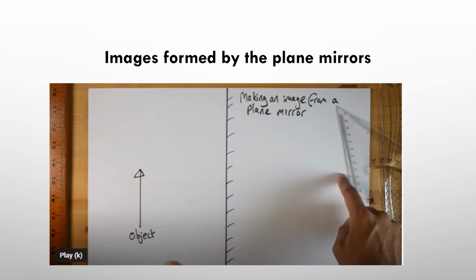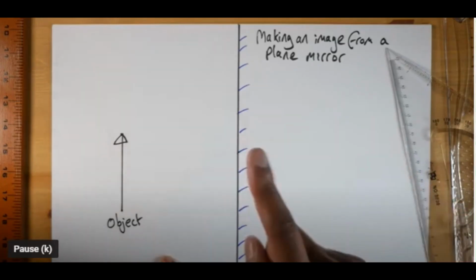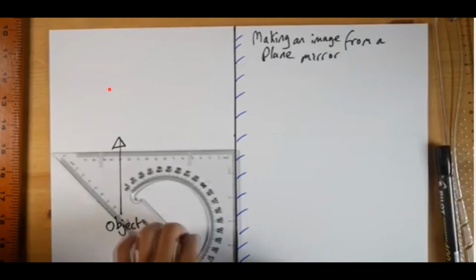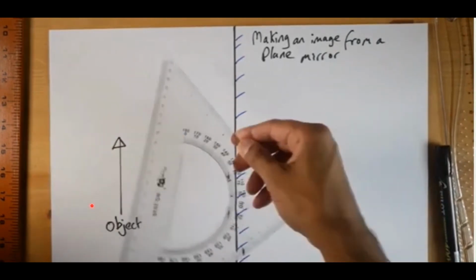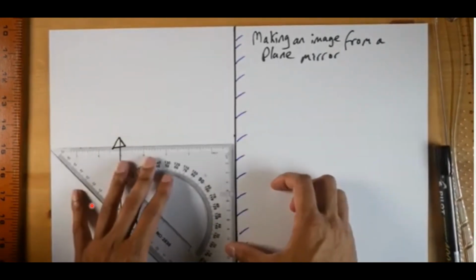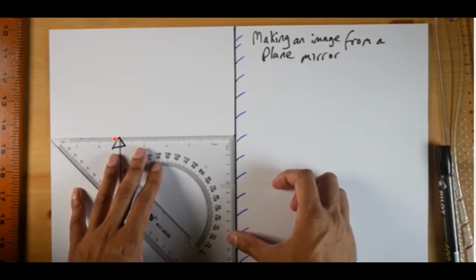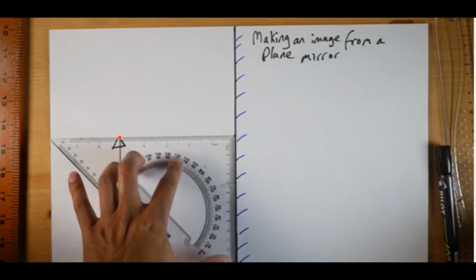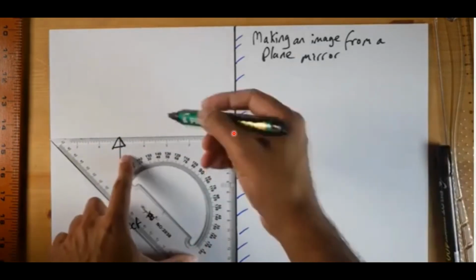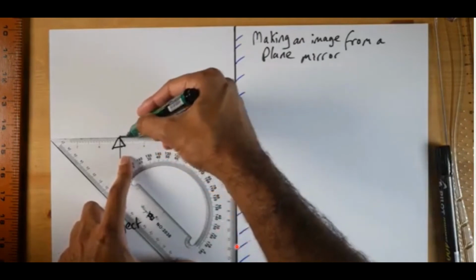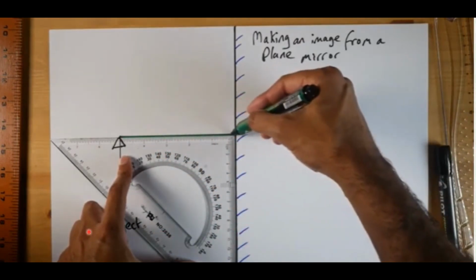For that, you have to mark the plane mirror first using a straight line, and draw an arrow as the object. Then you have to draw two incident rays from one end of the arrow to the plane mirror and another two incident rays to the plane mirror from the other end of the arrow.